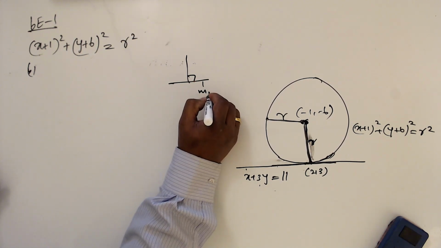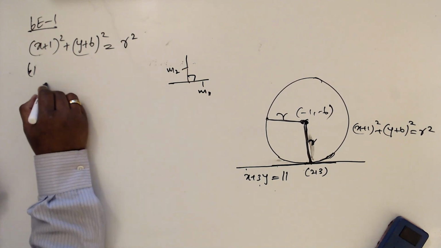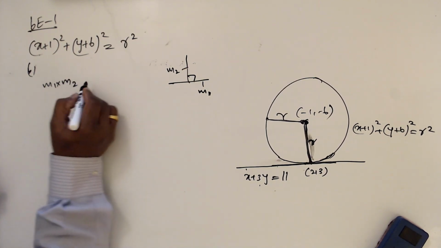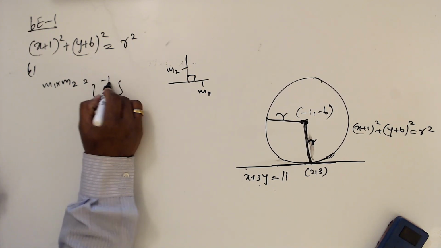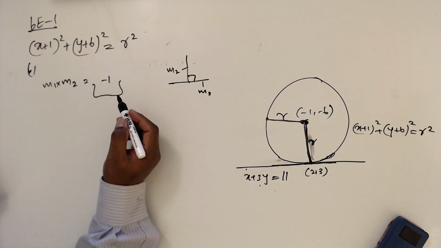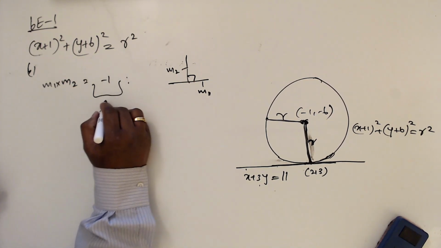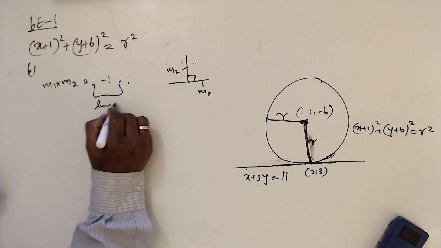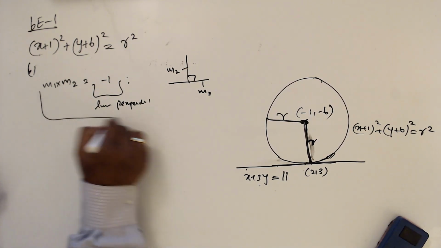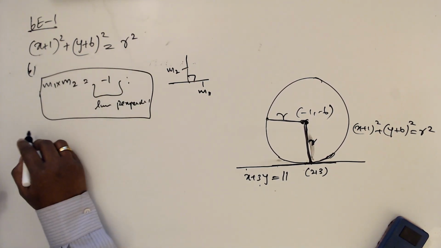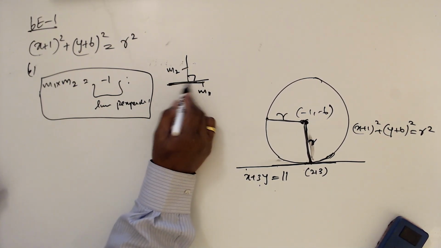If I take this gradient m1 and this gradient m2, then when I multiply, you get the answer -1. Then you can tell the lines are perpendicular. So this is the theory behind it. You should know the gradient now. Do you know the gradient of this line?